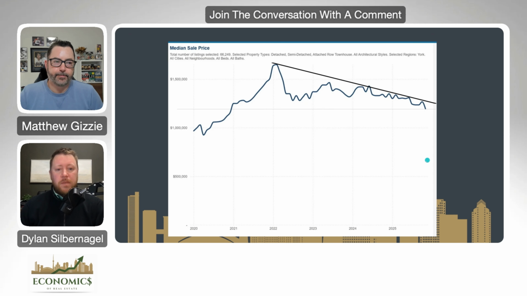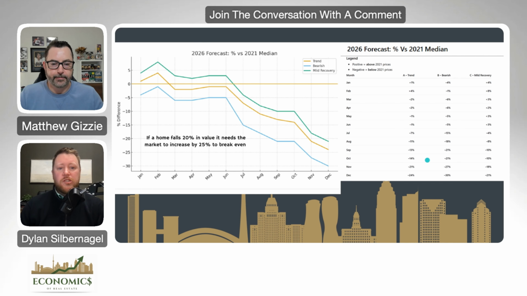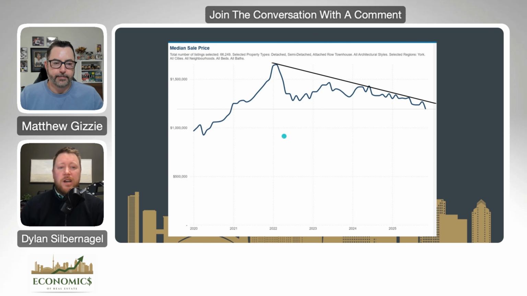Now, when we come back to this slide, the reason why we see these downward trends as we're comparing to our 2021 median price, where we're seeing this big drop off in the second half of the year, well, that's because when we come back and we take a look at median price for 2021, look at how it shoots up in that second half of the year. So if you were purchasing in that time frame, these are the prices that you purchased at.